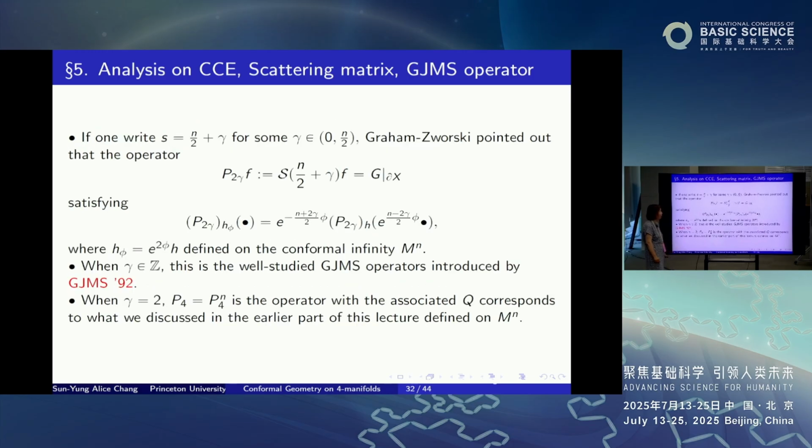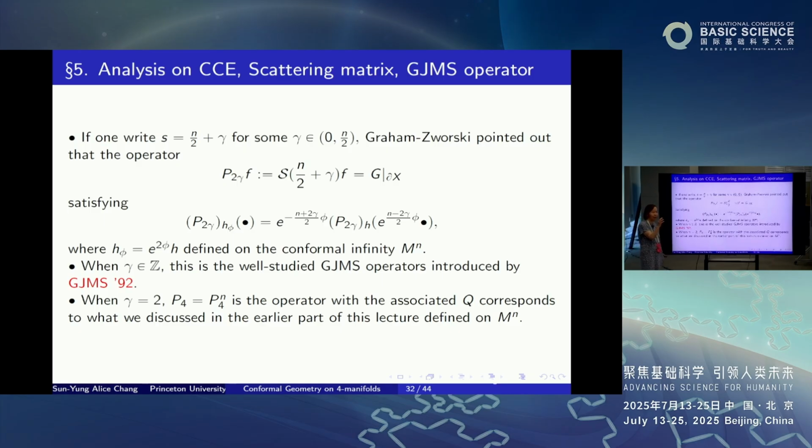So this scattering data turns out to have a very important conformal invariant property. If we write s equal to n over 2 plus gamma, then the operator defined by the scattering data at this particular point has a conformal covariant property. So it's an operator which generalizes, when gamma equal to 2, this P_2gamma is the P4 operator I talked about earlier.